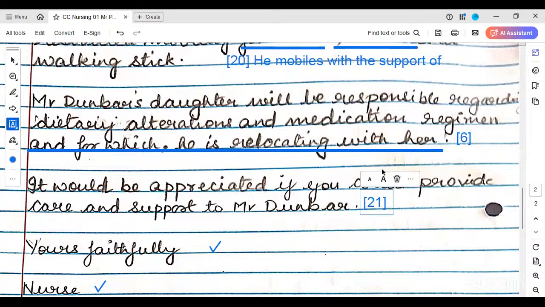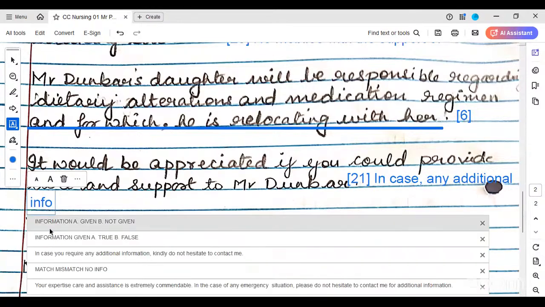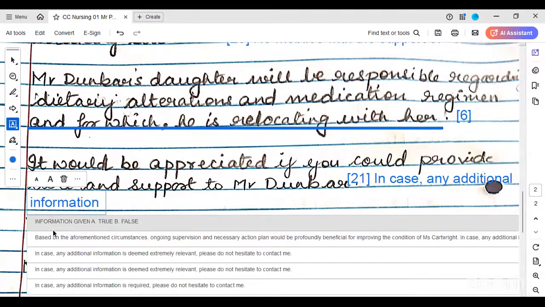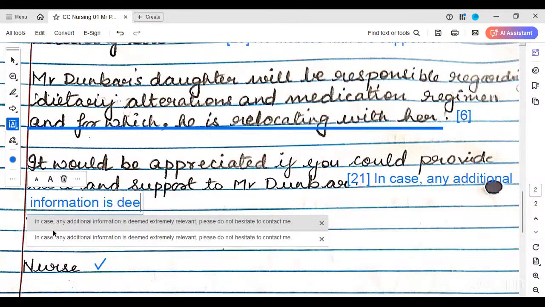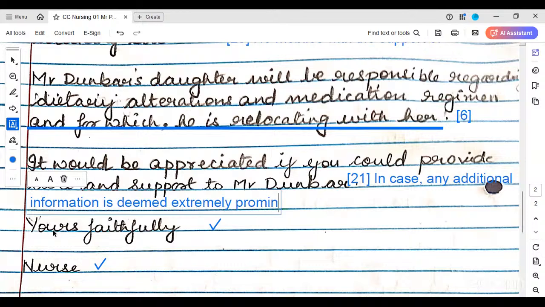You repeat something. In case any additional information is deemed, deemed means thought to be, imagined to be, extremely prominent, meaning extremely important, please do not hesitate to contact me.